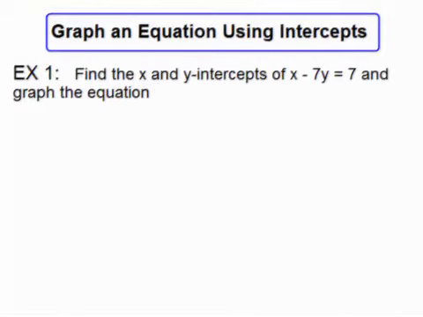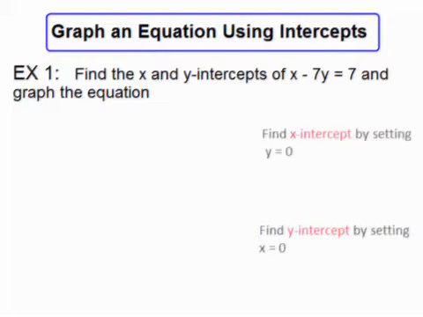Graph an equation using intercepts. Example 1. Find the x and y intercepts of x minus 7y equals 7, and then graph the equation. So to find an x-intercept, we want to land on the x-axis, so we let y equal 0. So letting y equal 0, this whole term drops out, and we get x is 7.